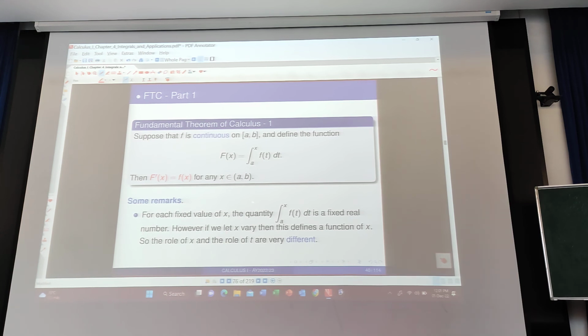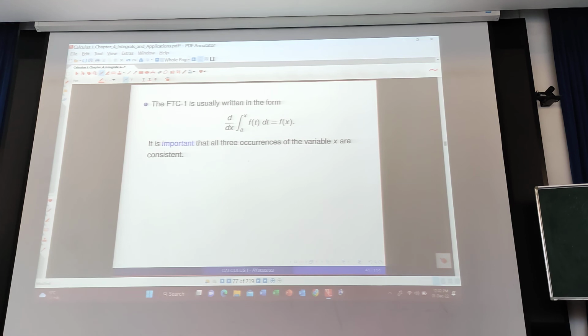Each fixed a, you have the quantity depending on x. So that's why, as I explained, you have a function. And then you can write derivative as d over dx integral from a to x, f t dt, that it is equal to f evaluated at that point.